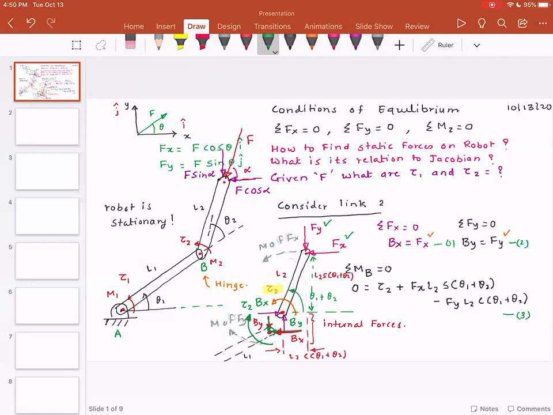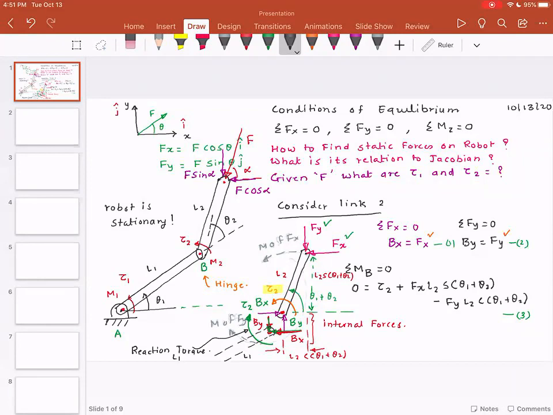That is super important. So please note that this torque is the reaction torque. And this torque is tau 2 acting on link 1, reaction torque on link 1. Now with this information, we are ready to solve link 1.